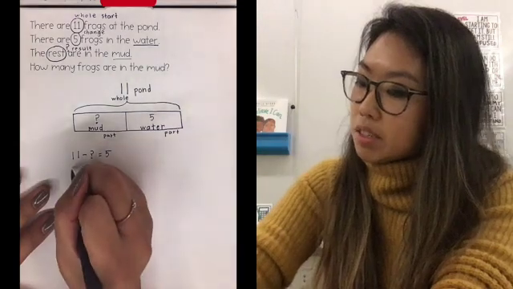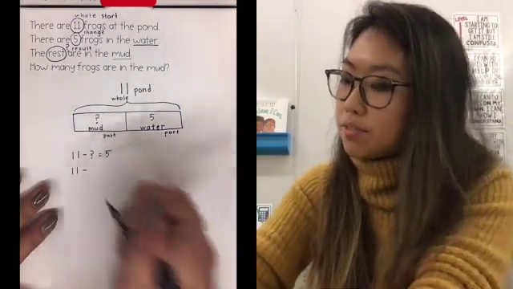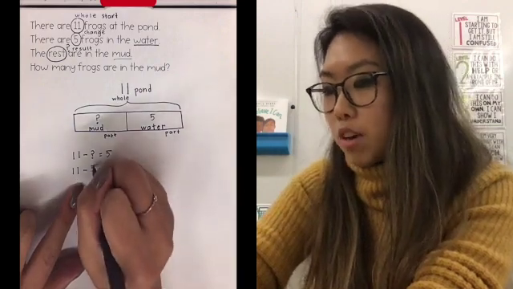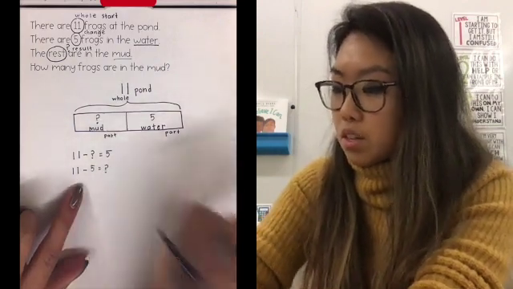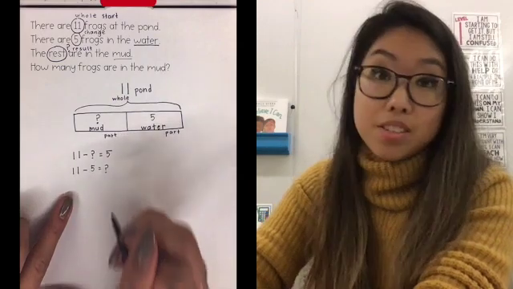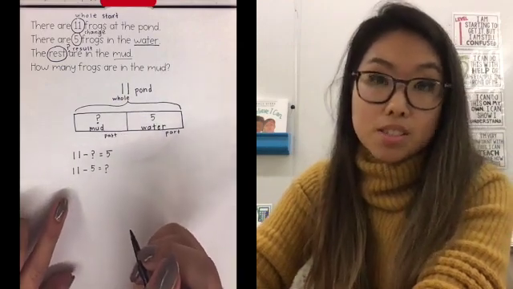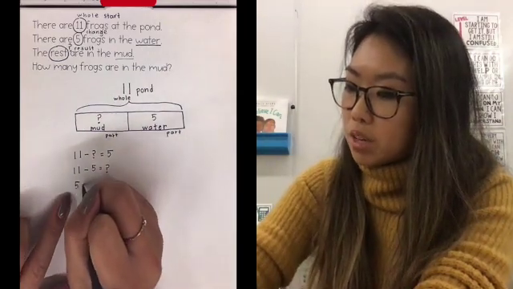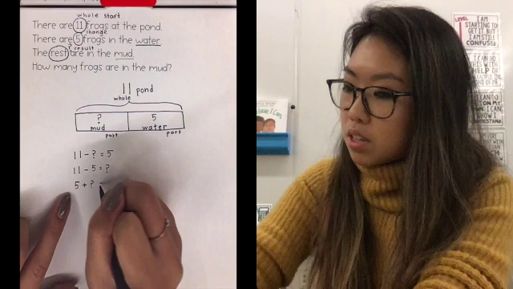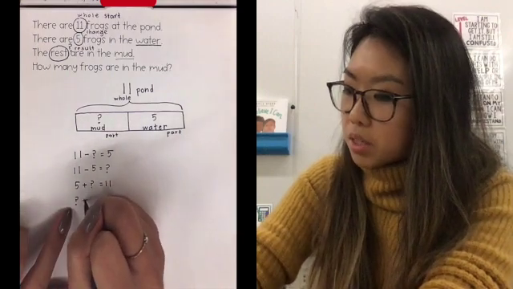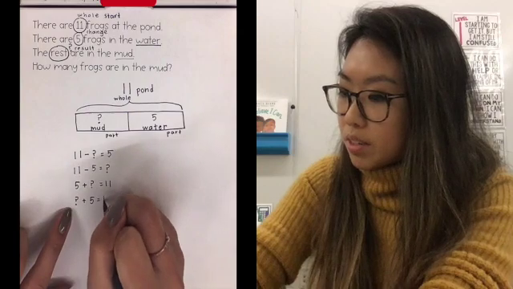So I can move these numbers around so my whole stays in the same spot because this is a subtraction equation, but I can move around my parts. So I can have those 2 subtraction equations, but I do remember the opposite of subtraction is addition. So I can write part plus part. So 5 plus question mark equals 11. And then I can switch my parts. So question mark plus 5 equals 11.